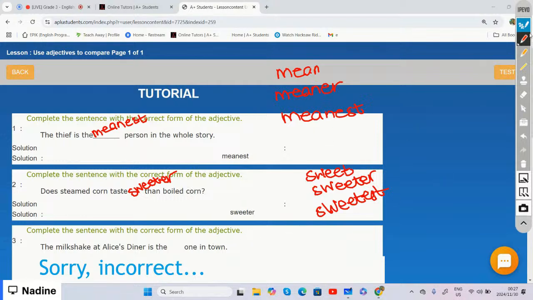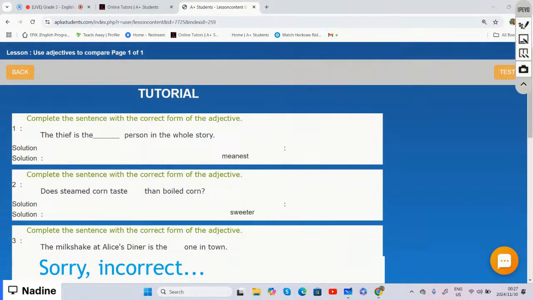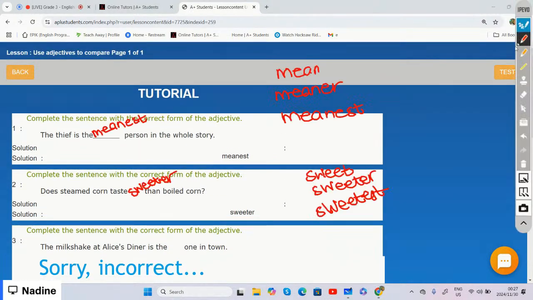So, the milkshake at Alice's diner, do we say it is the thick one in town? Do we say it is the thicker one in town? Or do we say it is the thickest one in town?